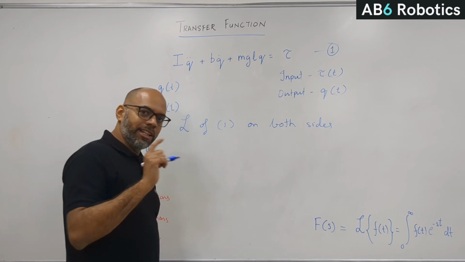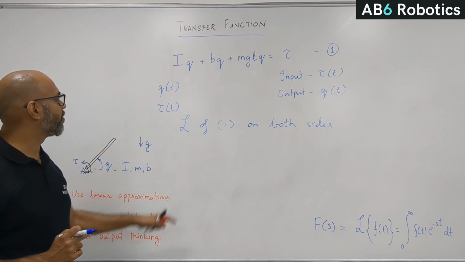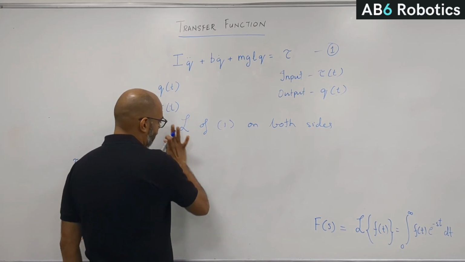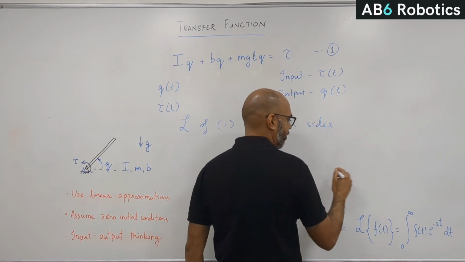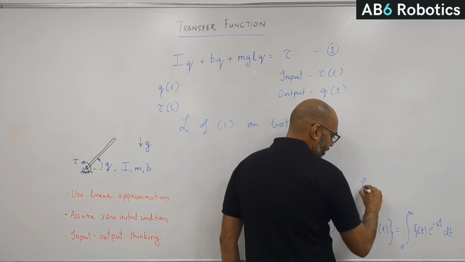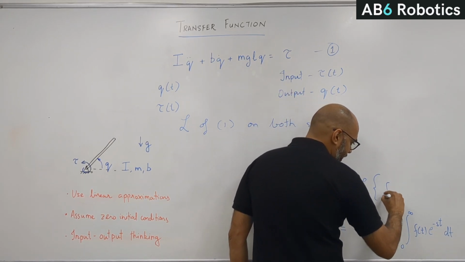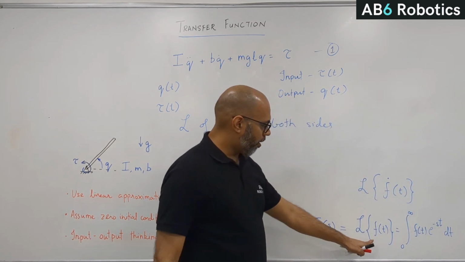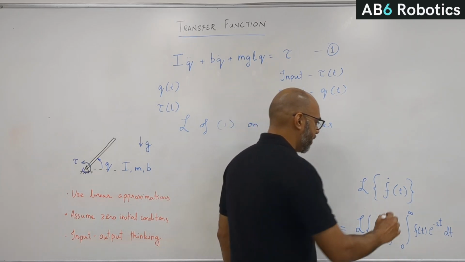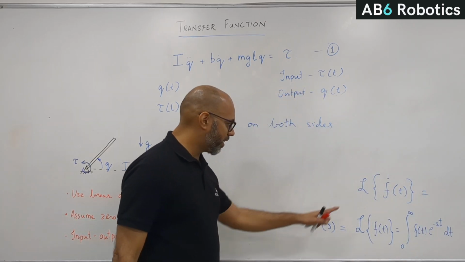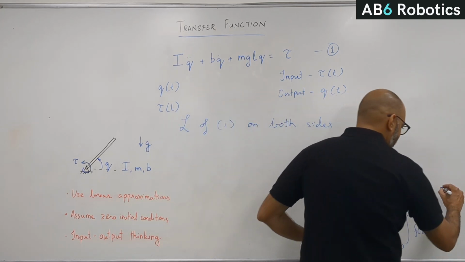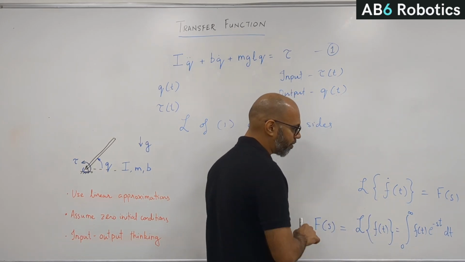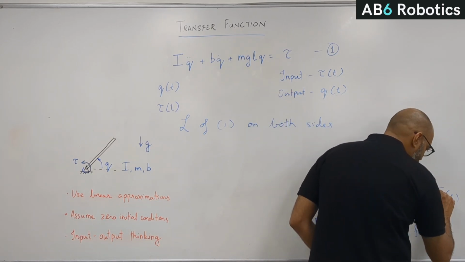There is another very useful property of the Laplace transform that helps us here. The Laplace transform of the derivative of a function is equal to the Laplace transform of the original function, F of s, multiplied by the variable s.